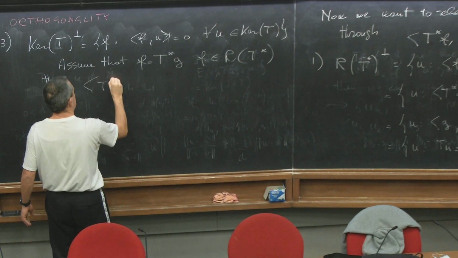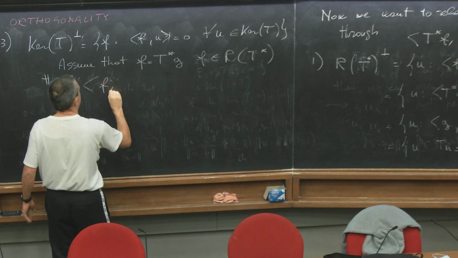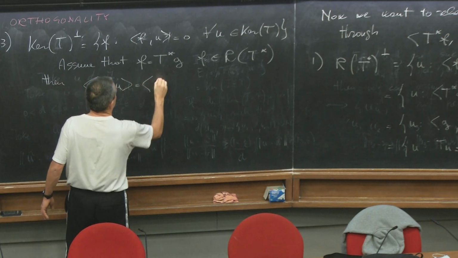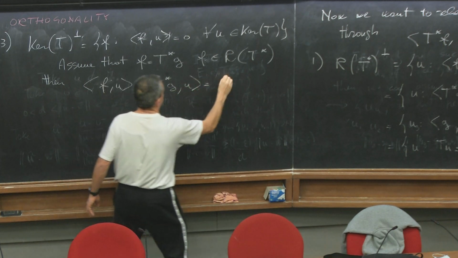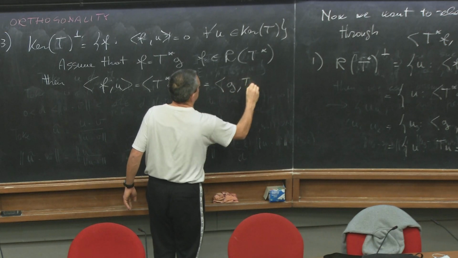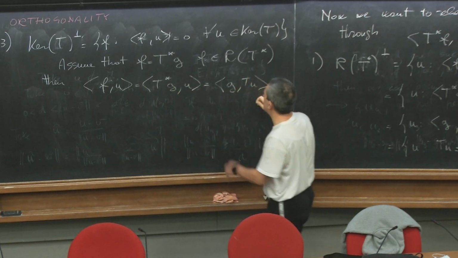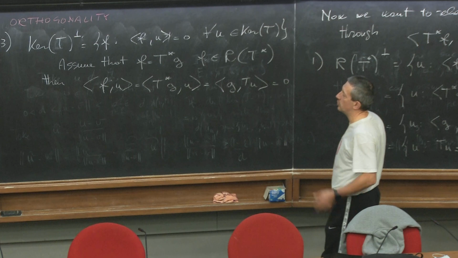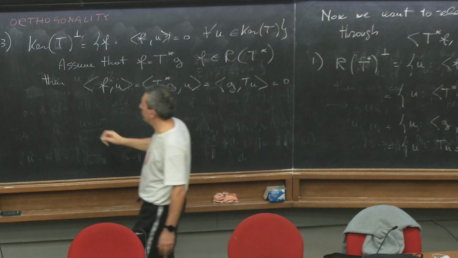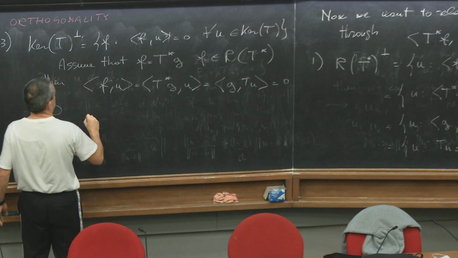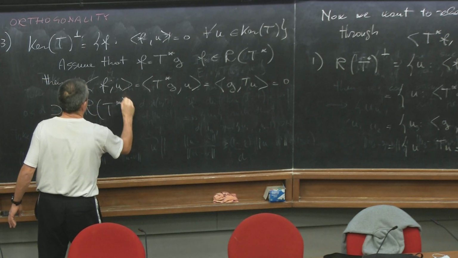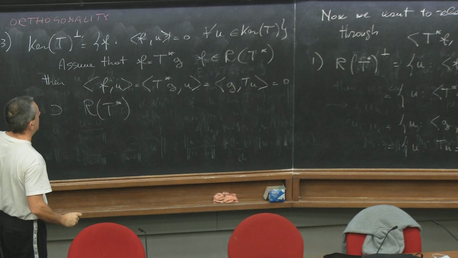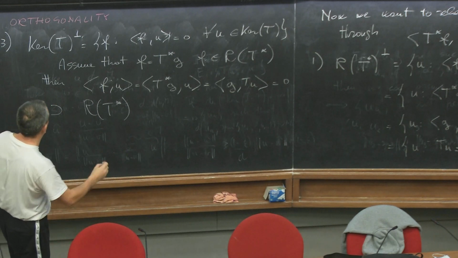So F U is T star G U, which is G T U, but this is in the kernel, so it is equal to 0. So what I discover is that this contains the range of T star, and actually contains the range of T star closed.